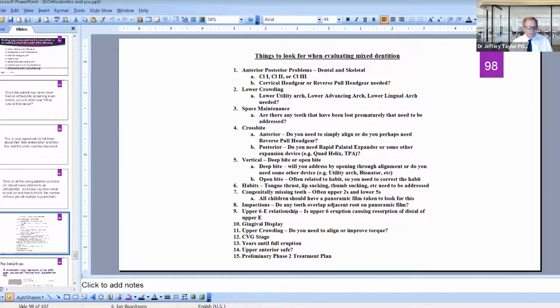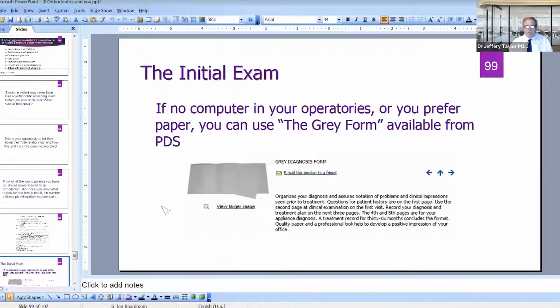So you would get that list, and we give you that list somewhere in there. And again, for this initial exam, we use this thing called a gray form. And in our new software, it has exactly the same thing on here, but we just fill out this front page on paper and then transfer that to the chart later. And we use that as a screening device.